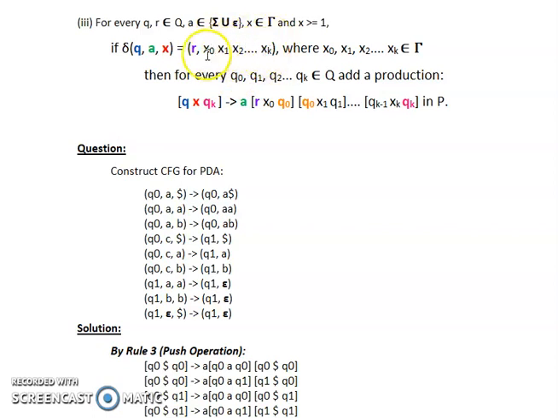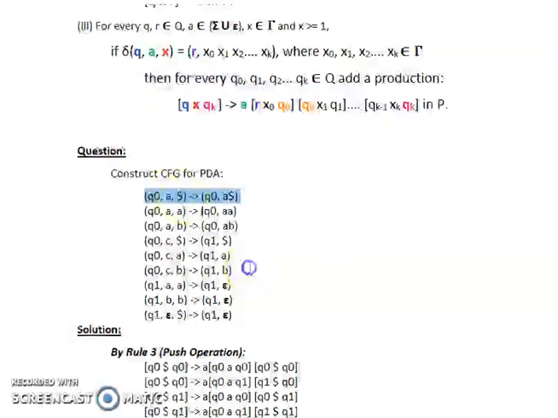That means these symbols are pushed into our stack. So for every state present in our set of states, that is capital Q, we need to add this type of production. Now let's take the first transition.